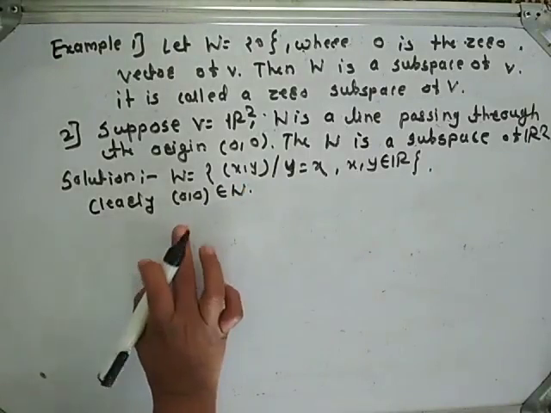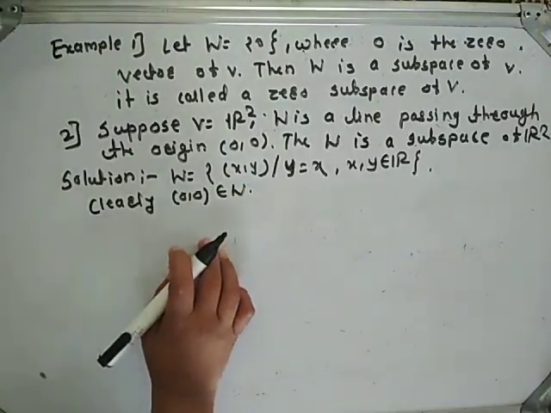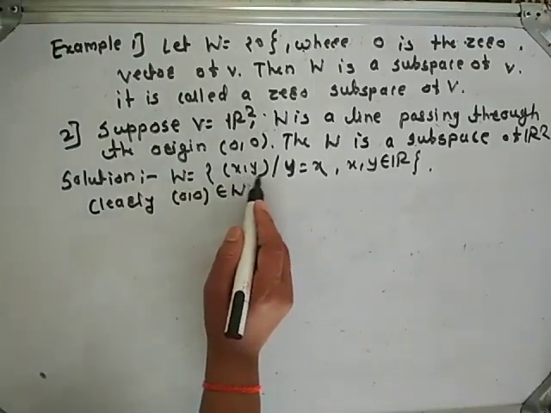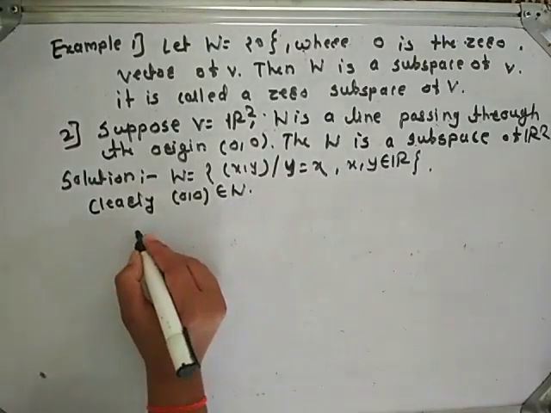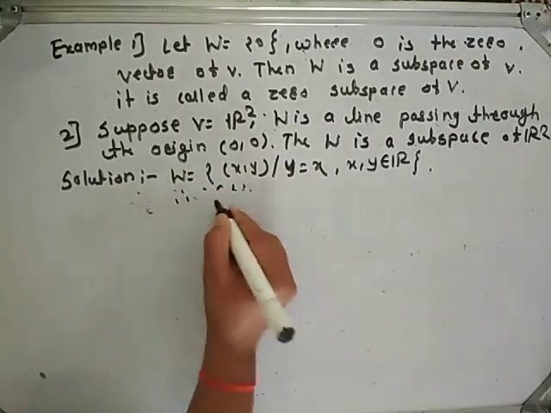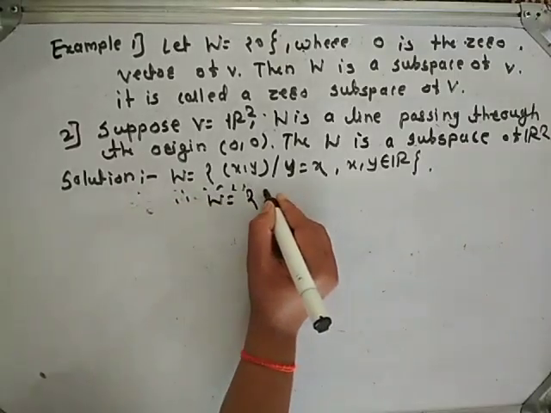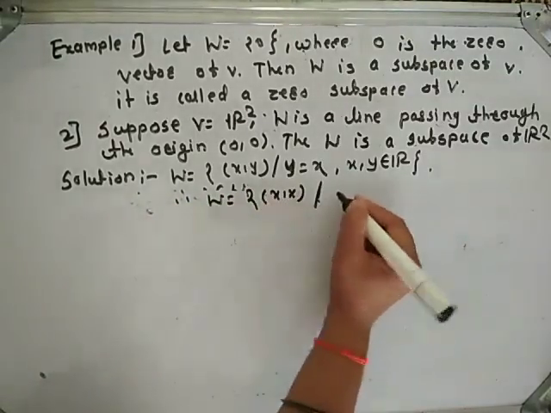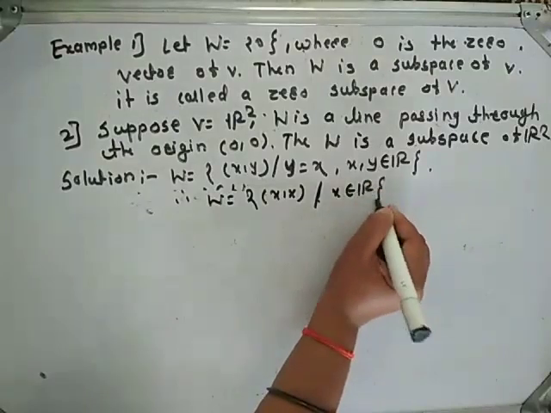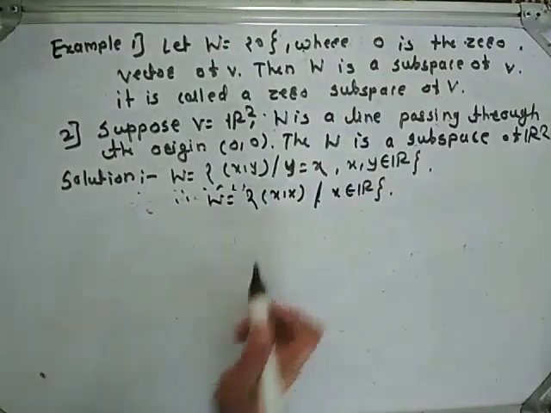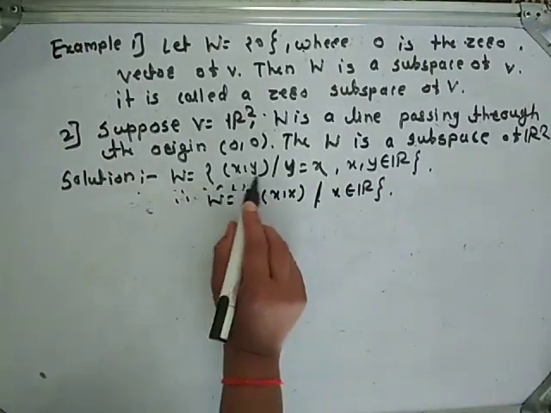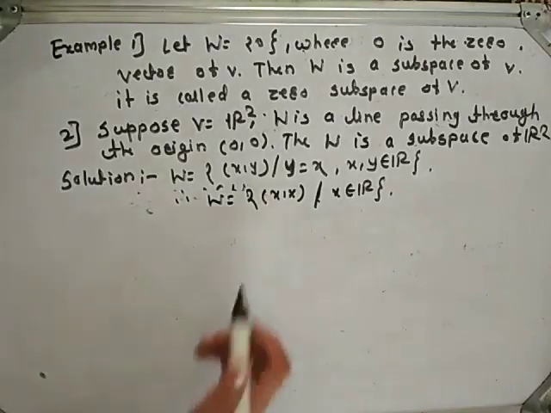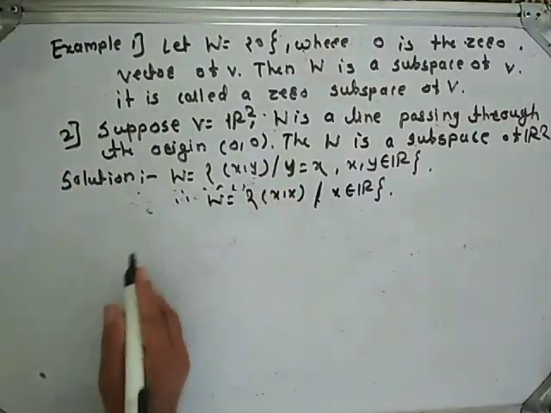Now we have to prove properties B and C. Here W equals the ordered pairs (x, y) such that y equals x. So we can write W equals the ordered pairs (x, x) such that x belongs to R, because our set is (x, y) such that y equals x. Here we have just substituted y equals x.